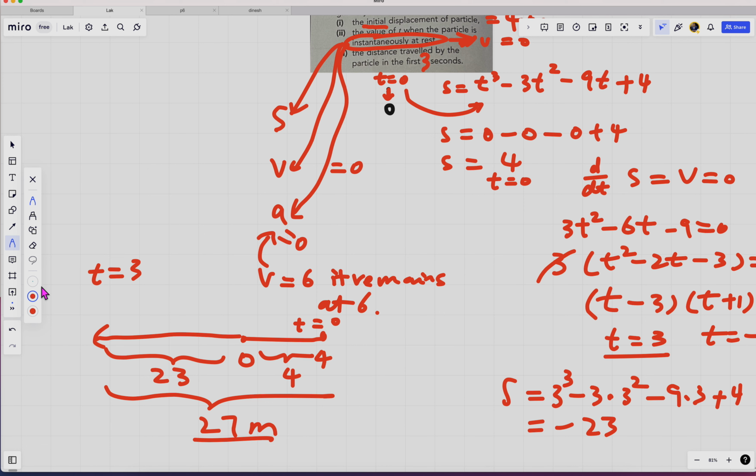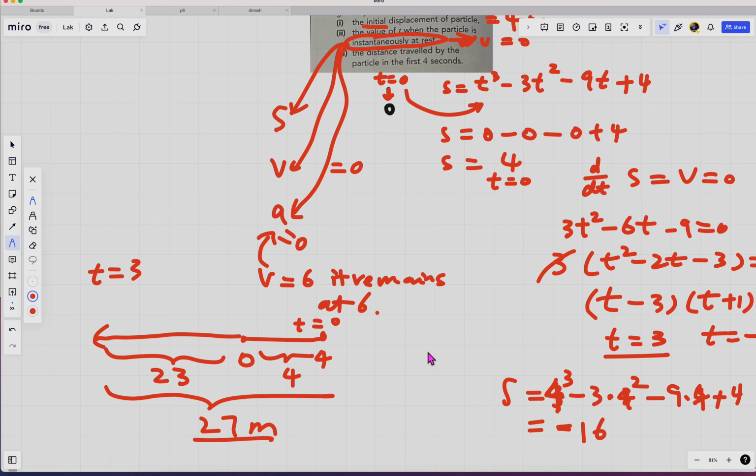So you sub in t equals 4. Negative 16. By the way, this is 4, not 9. So it's negative 16.